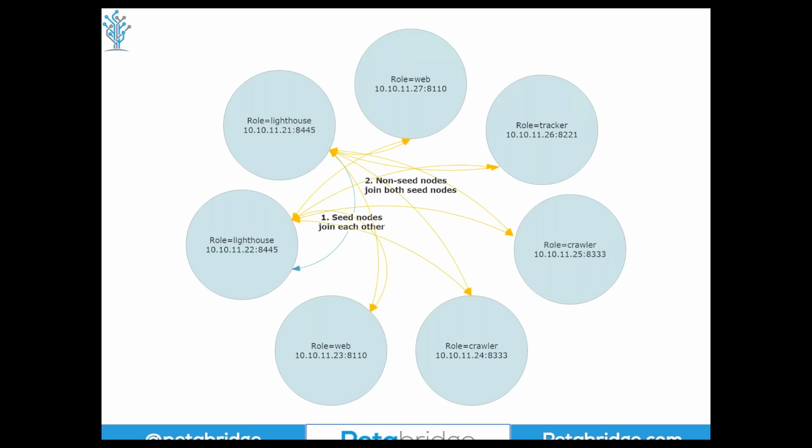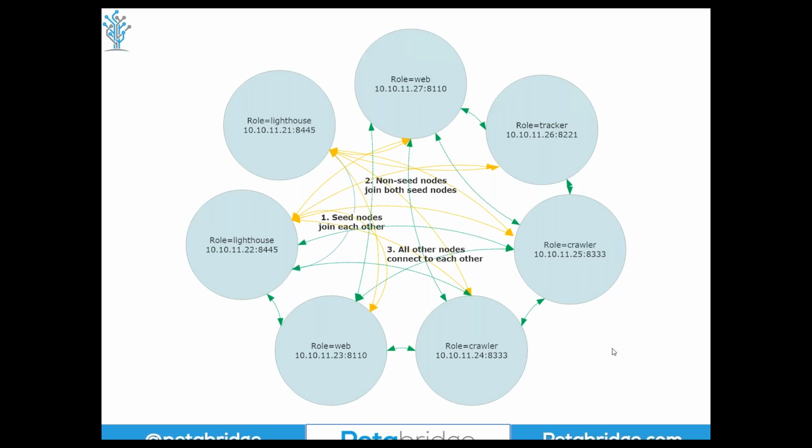What's going to happen in the next pass of forming the cluster is as these other Docker processes start, they're going to go ahead and join both of the seed nodes at the same time. And these two seed nodes are going to provide information to the web nodes, the tracker nodes, and the crawler nodes about everyone else inside the network with them at the time.